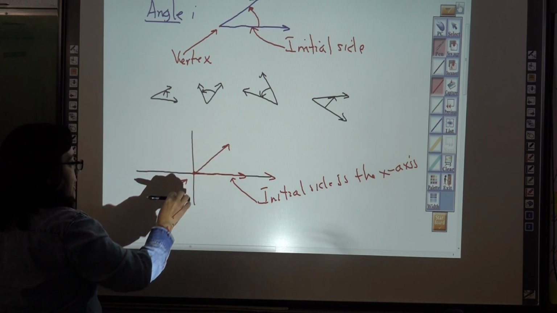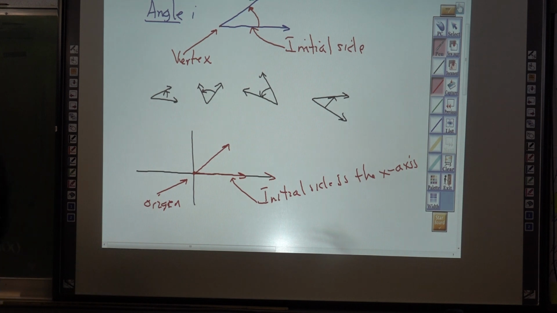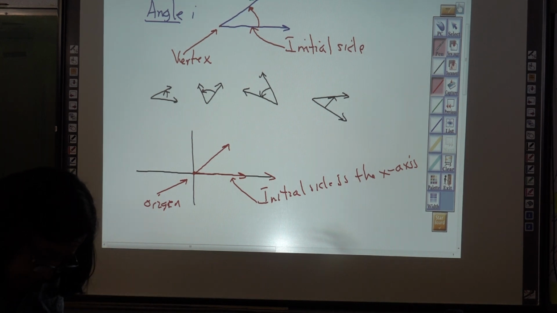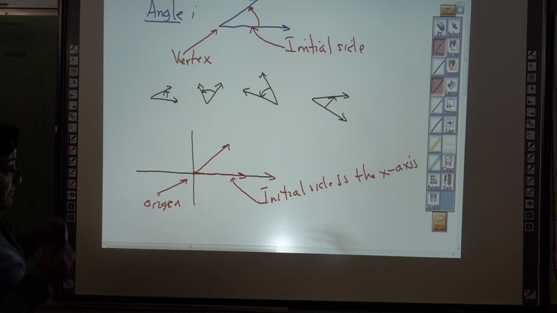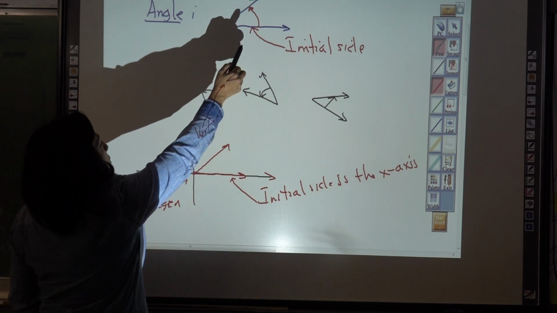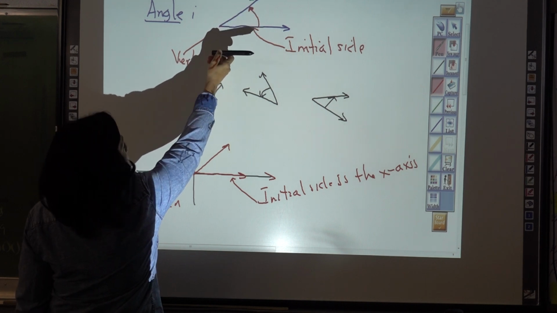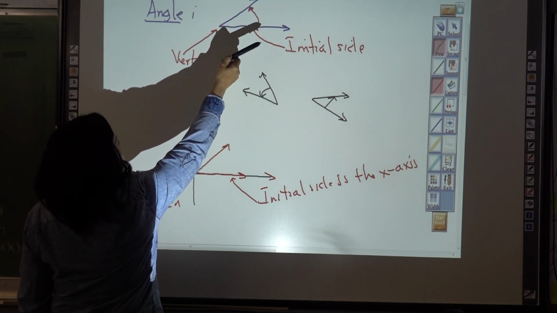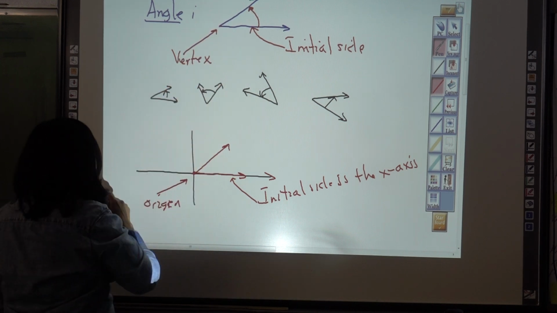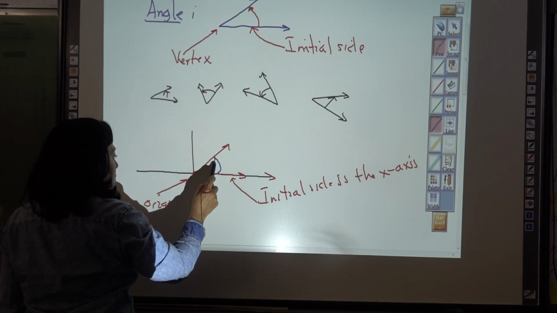It can be on one of the axes. We're going to see that later. That's what is called a standard position of the angle. Positive angles, like I told you before, we measure starting from the initial side and going counterclockwise. That's what is called a positive angle, going this way.